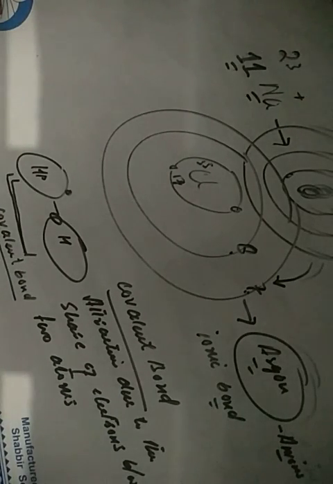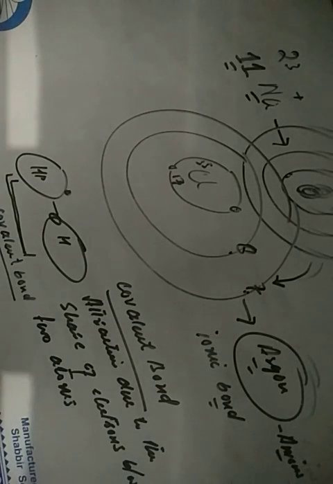So ionic bonds form between metals and non-metals, and covalent bonds form due to mutual sharing of electrons between two non-metals, as in the case of the hydrogen molecule.